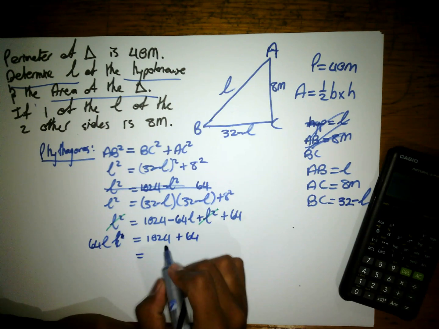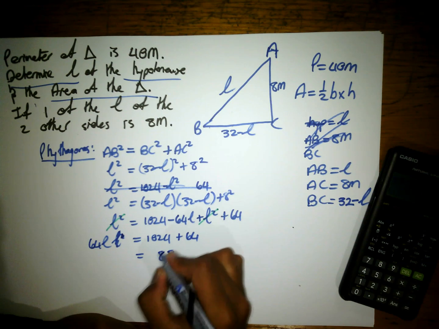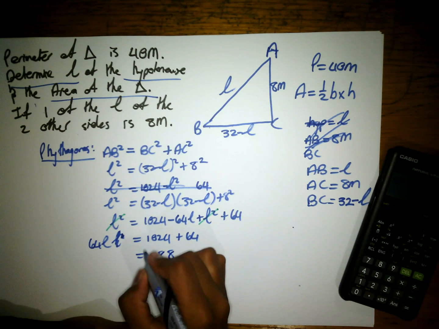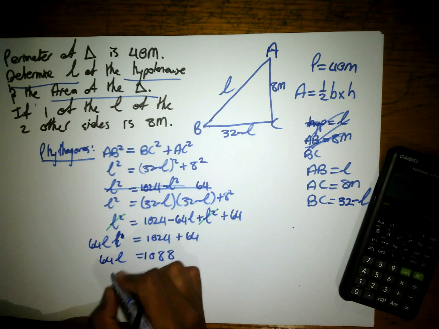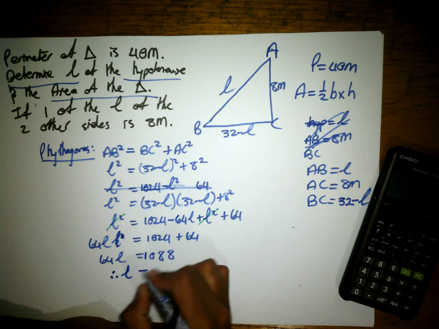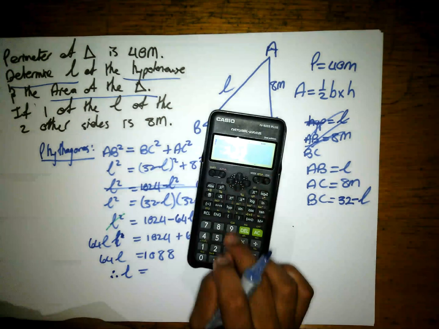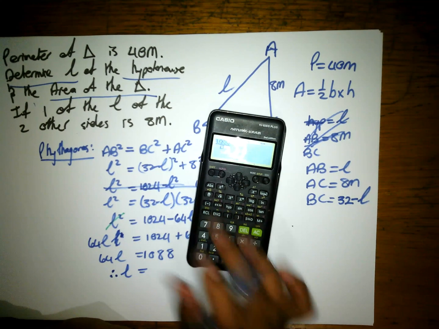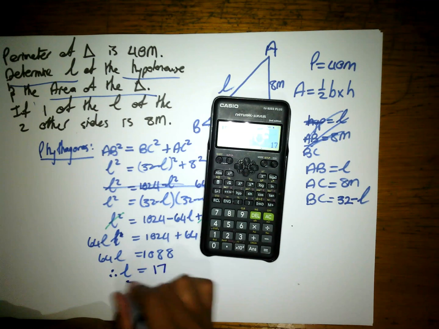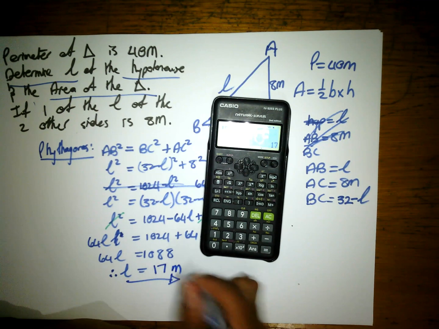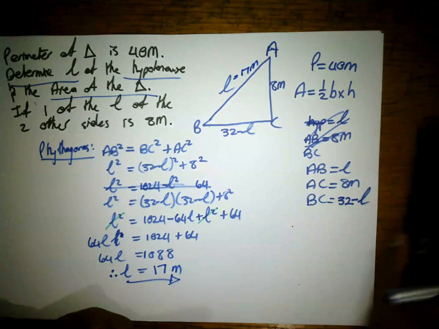Then 1024 plus 64 is 1088. So 64L equals 1088. Therefore, L equals 1088 divided by 64, which is 17. So L is 17 meters.